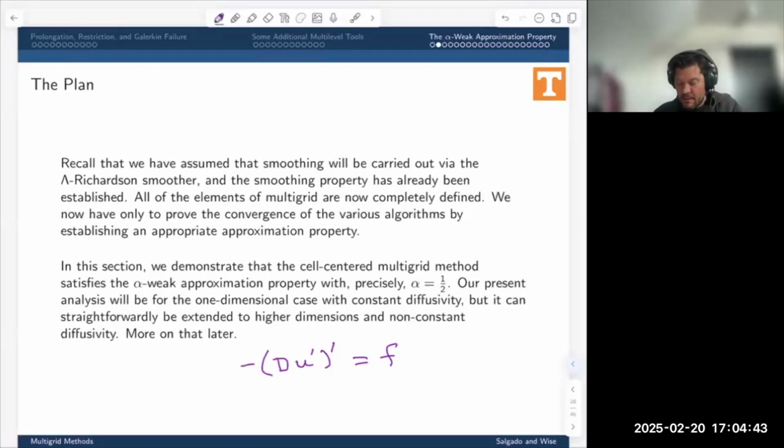If D equals 1 everywhere, then we have minus u double prime equals f. So that's what I mean by saying that we're going to solve this for the one-dimensional case with constant diffusion or constant diffusivity. But we can also extend some of our analysis to the non-constant case and also to the case where we have more than one dimension. And we'll talk about that extensively in the rest of the chapter.